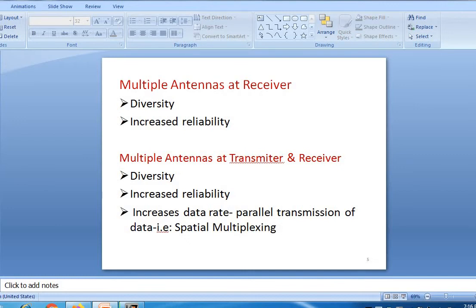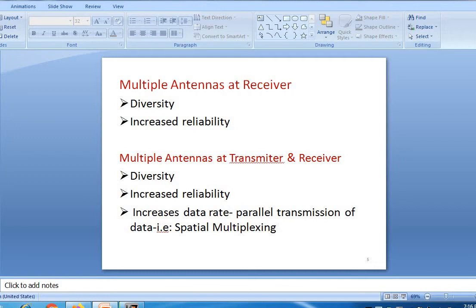The next case is multiple antennas present at both transmitter and receiver. Here, it increases the diversity and the reliability, and at the same time increases the data rate. How does it increase the data rate? In parallel we can transmit a number of data. Actually, this is spatial multiplexing.